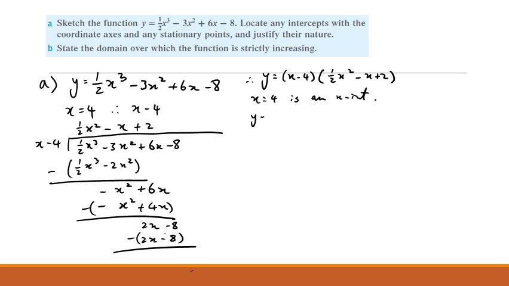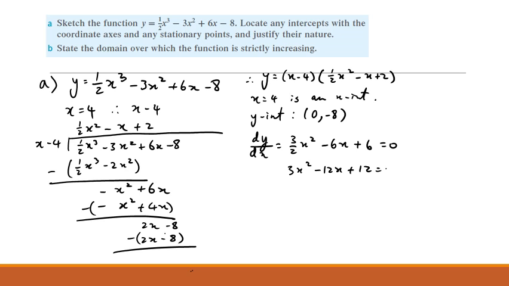And our y-intercept will be at 0, -8, reading off the graph. Then we need to find any turning points. I suggest you multiply the whole thing by 2 here. Then we can factorize the whole thing by 3 as well, and divide it by 3 on both sides.